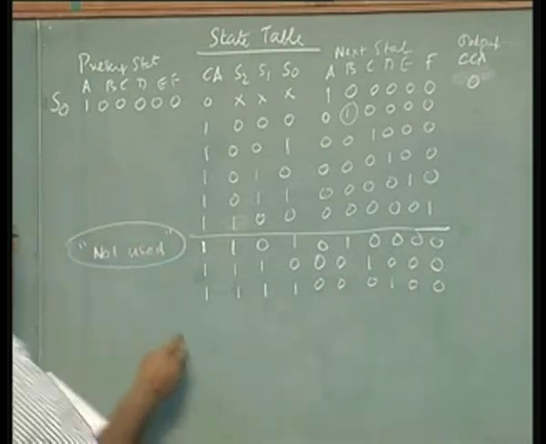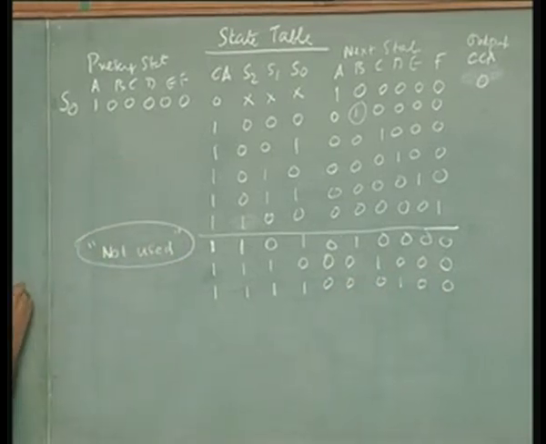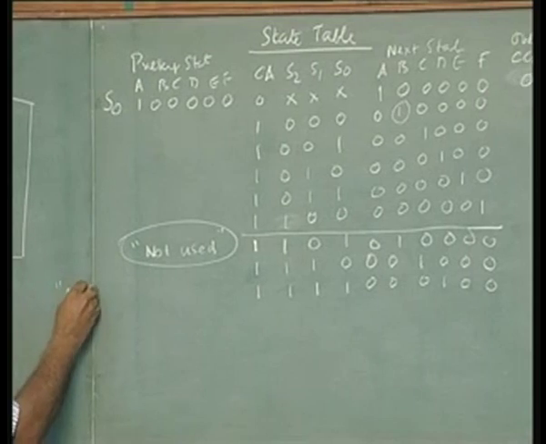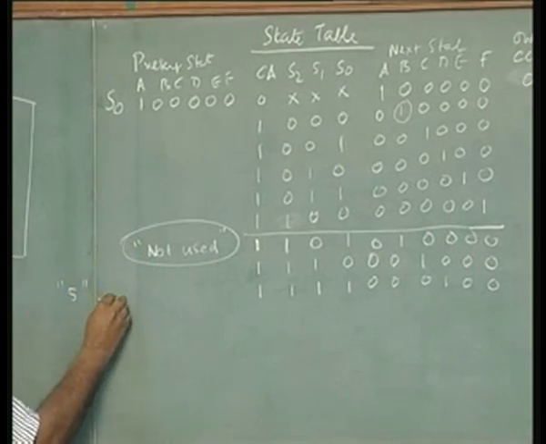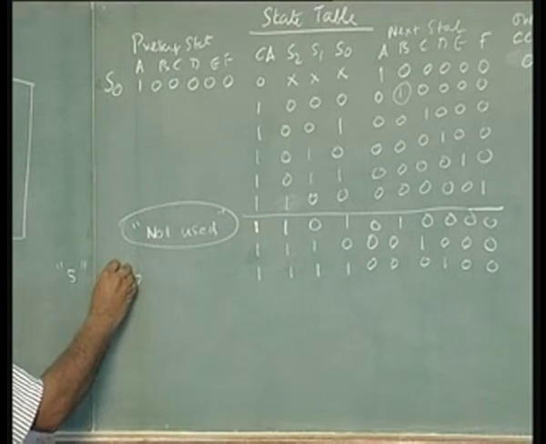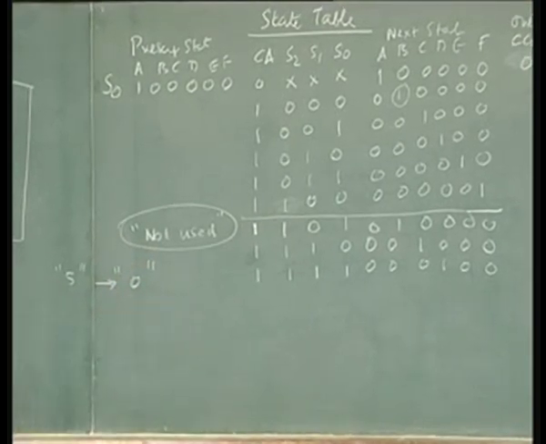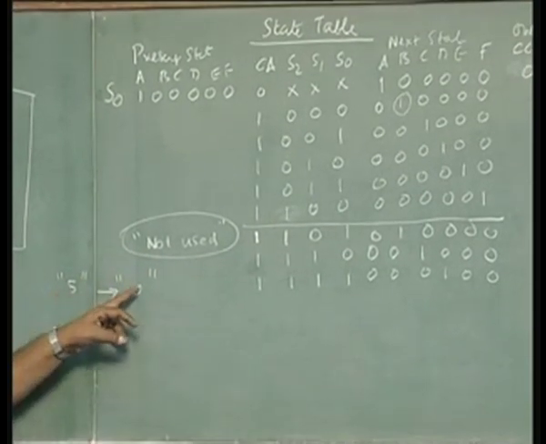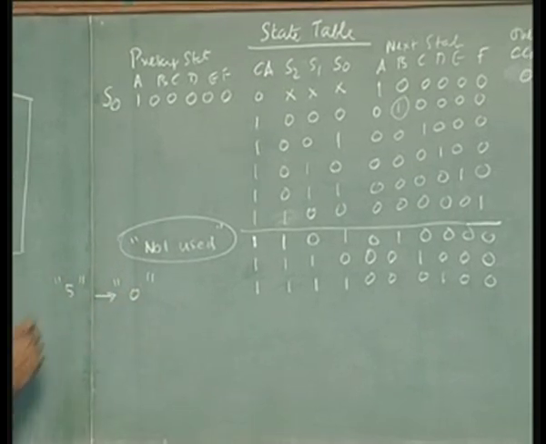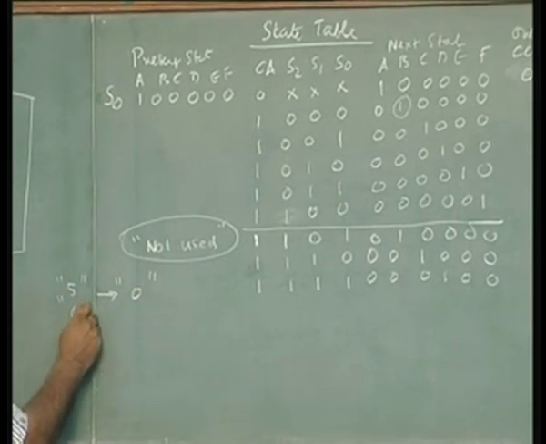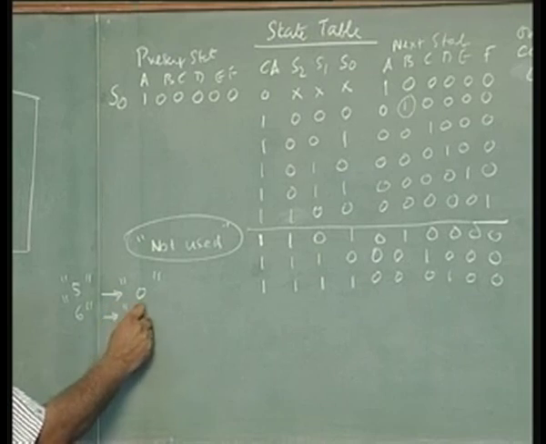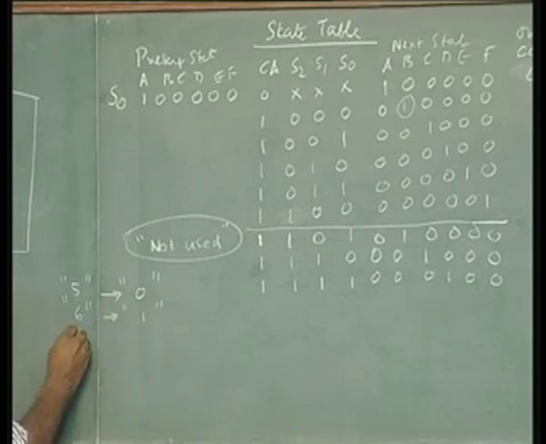That means I am saying if I make a 5 combination, same output as 0 will come. 0, 1, 2, 3, 4, 5 will give you the same output as 0. If you make a 6 combination, it will give you same output as 1 combination.